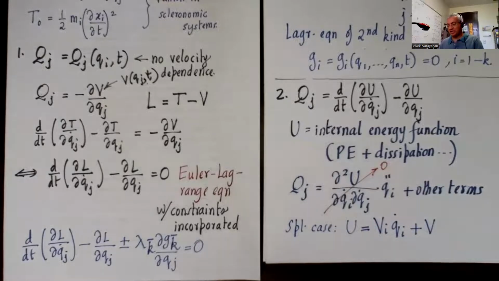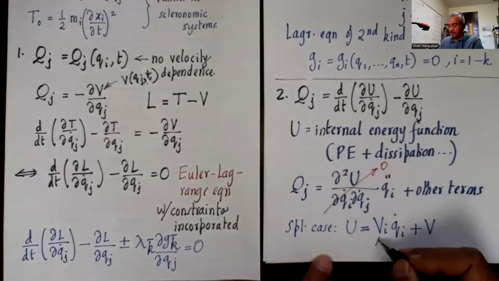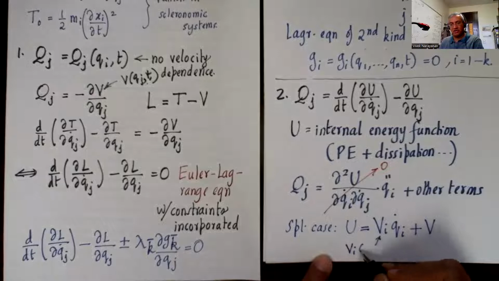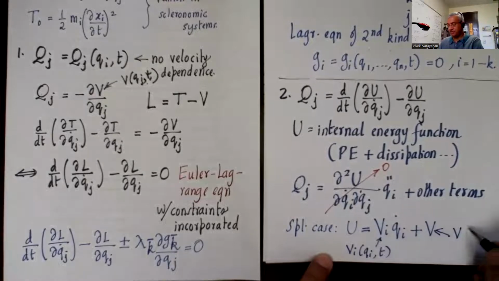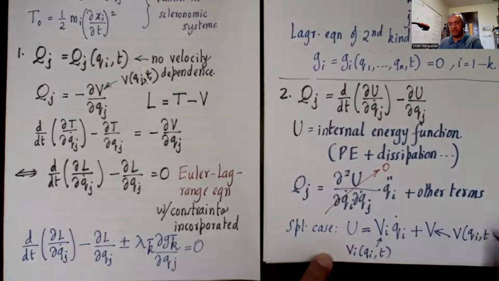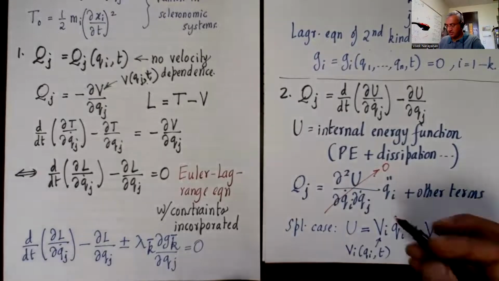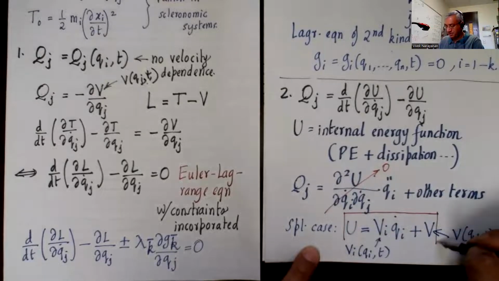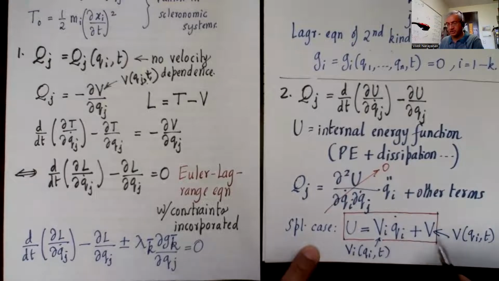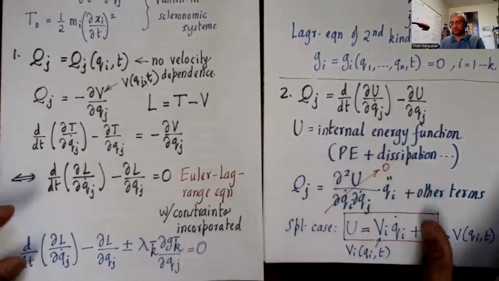We're going to assume that our potential function, internal energy function, can be written like this, where Vi are functions of Qi and time, and V is also a function of Qi and time. So that's going to be our most valuable internal energy function going forward. And the electromagnetic Lagrangian is going to come out of that.